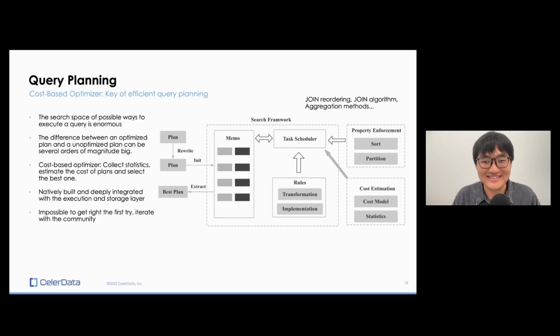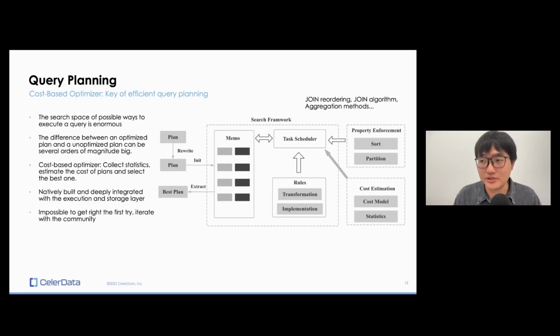We have a cost-based optimizer, and optimizing a query is like picking a route from point A to point B, right? But the search space is a lot more than you see on Google Maps, right? The search space of different ways to execute a query is enormous, right?